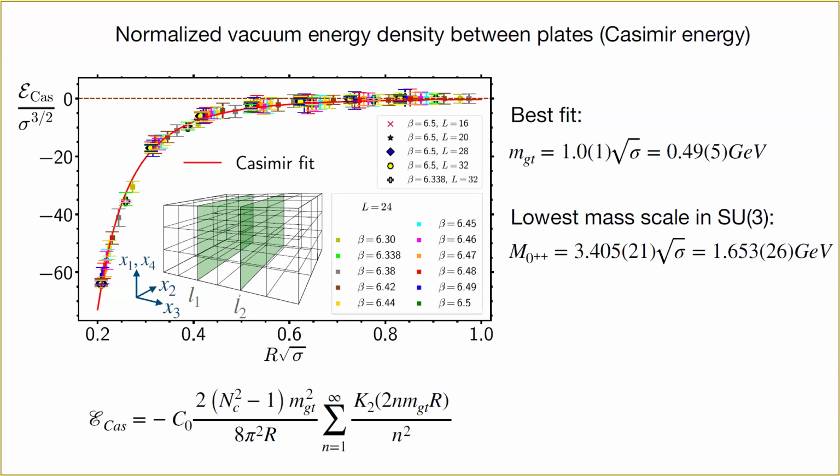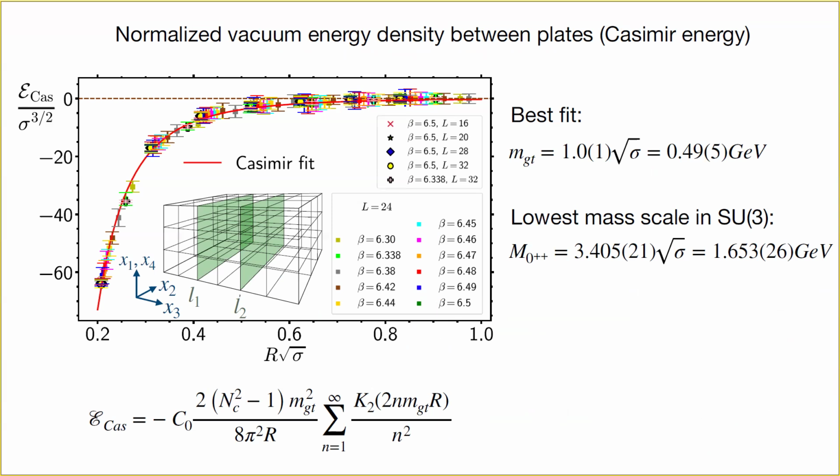That means that this energy density between the plates has some mass scale. So we could expect that it's some kind of interaction. For example, if the field mediating the interaction between plates has some mass scale itself, then we will see a mass scale here. That means some massive particles are exchanged. Of course, in the pure electromagnetic case, it's zero.